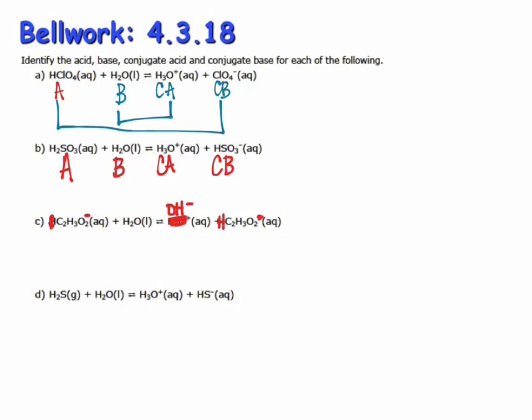So C2H3O2 minus is our conjugate base, water is acting as our base, OH minus is our conjugate base, so HC2H3O2 is our conjugate acid. Okay, I'm not going to go through any more of those. Everybody good with that?